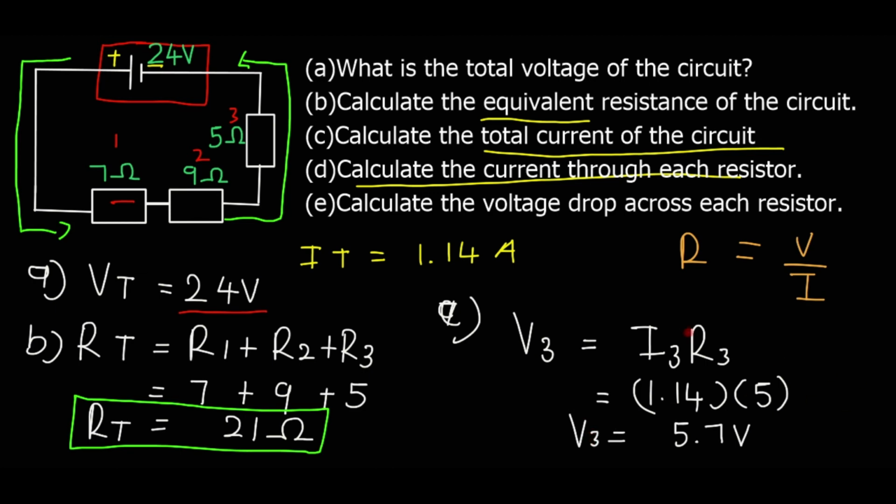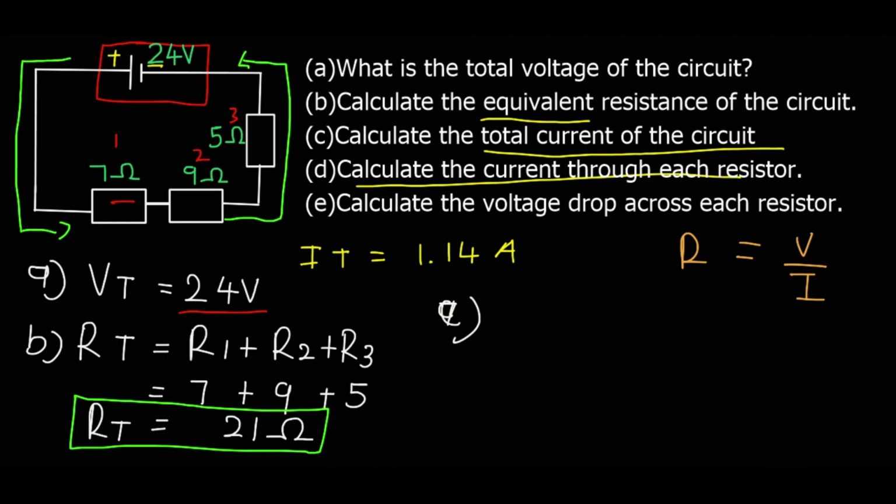Recalculate the voltage of each resistor. And then because this is a series connection, it turns out you can calculate the voltage of each resistor using the voltage divider rule. So when you want to calculate V1, you can say V1 is equal to R1 over R total times V total.